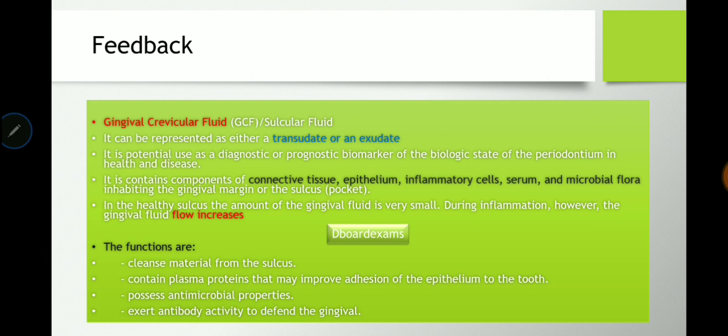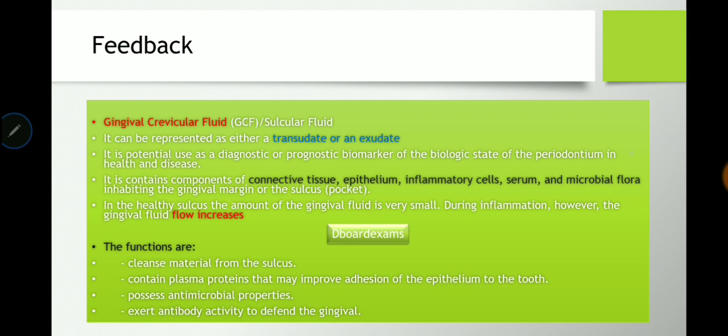Gingival crevicular fluid is represented as either a transudate or as an exudate, depending on the proteinaceous nature of the fluid. It has potential use as a diagnostic and prognostic biomarker of the biologic state of the periodontium in health and disease.